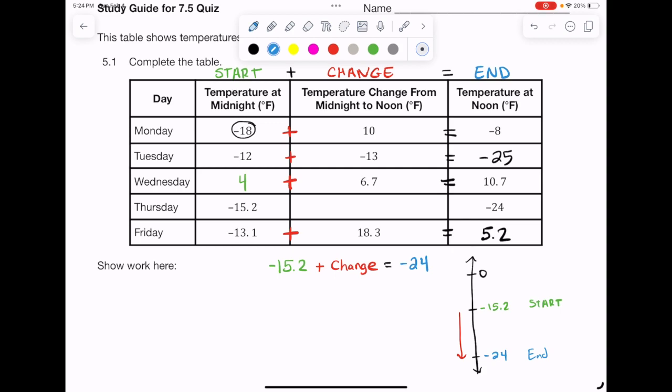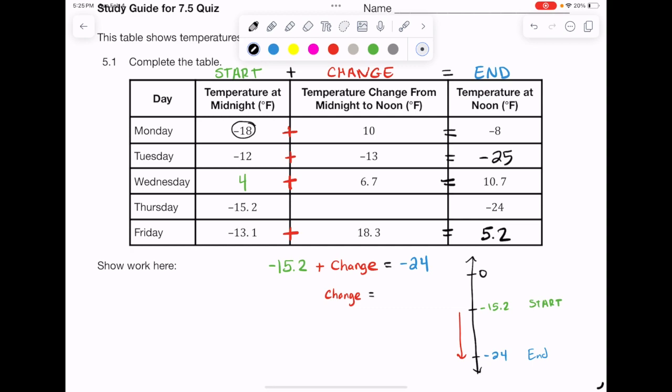One way of doing that is you subtract. You do the end minus the start to get the change. And that's related to the equation to figure out the change.